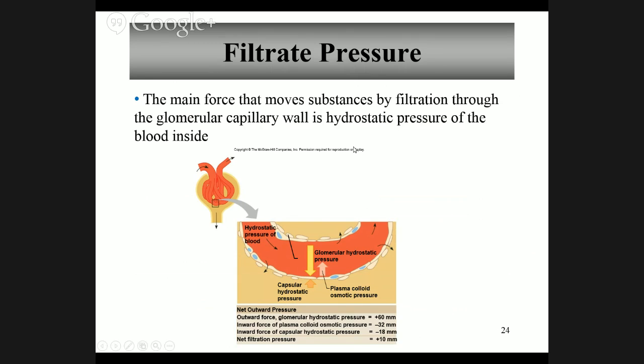The main force that moves substances by filtration through the glomerular capillary wall is the hydrostatic pressure of the blood inside. So the blood inside presses on the capillary walls, and that causes a net outflow of fluid.